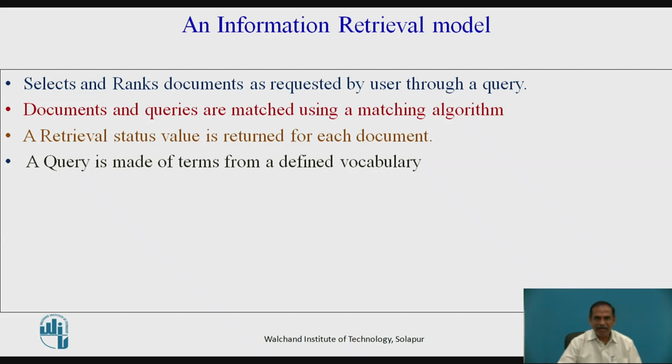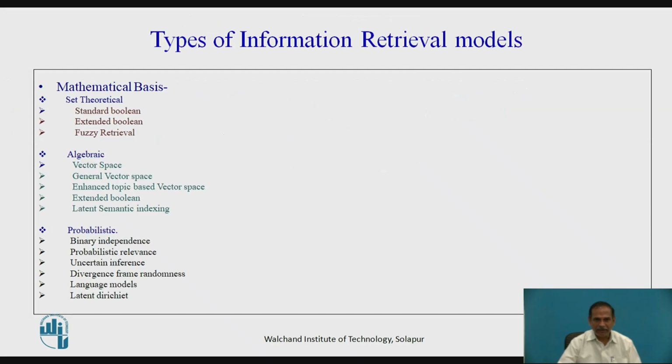A query is made of terms from a defined vocabulary which may consist of more than one word or term from the specified vocabulary. There are various types of information retrieval models.